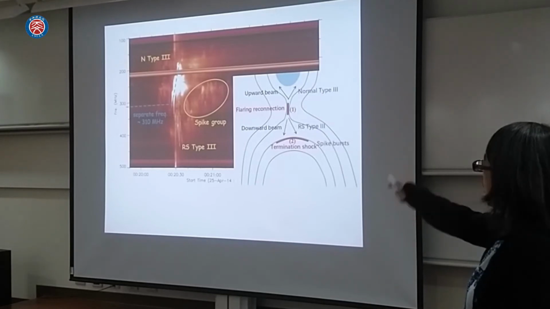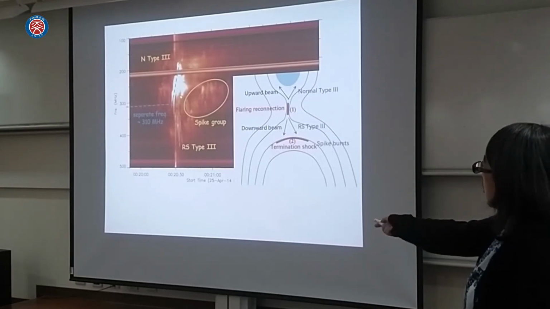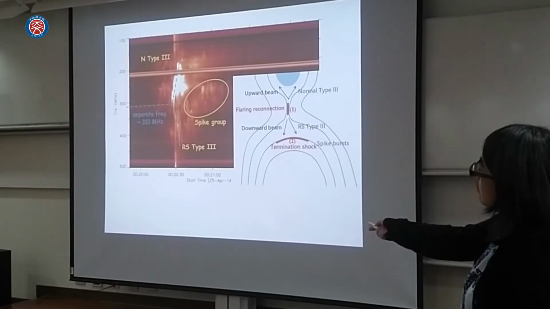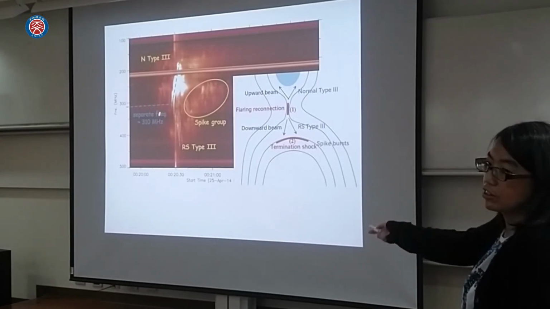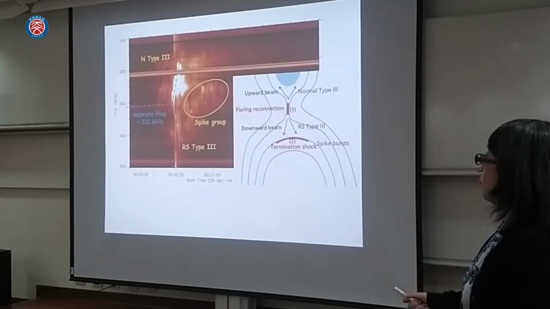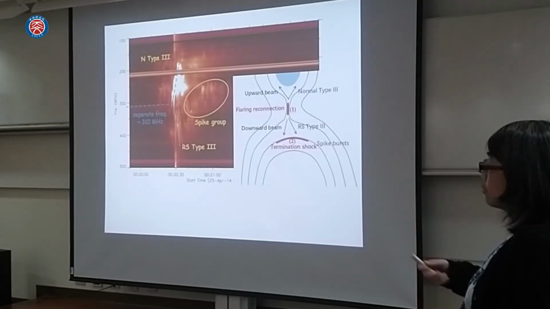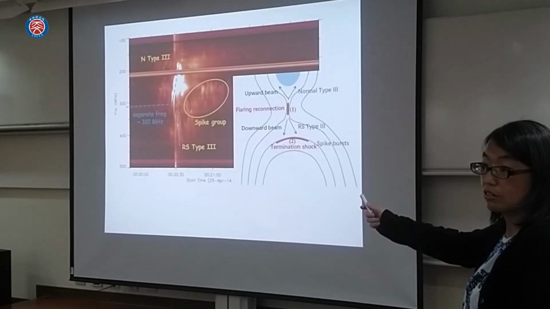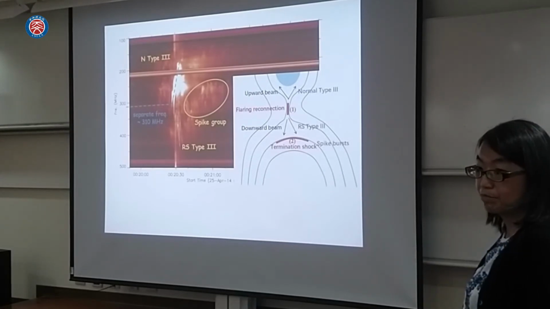When the signal starts from high frequency and drifts to low frequency, we say this signal should be produced by an electron beam moving outward. Right, but you are just looking at one position with a big beam. Yeah.